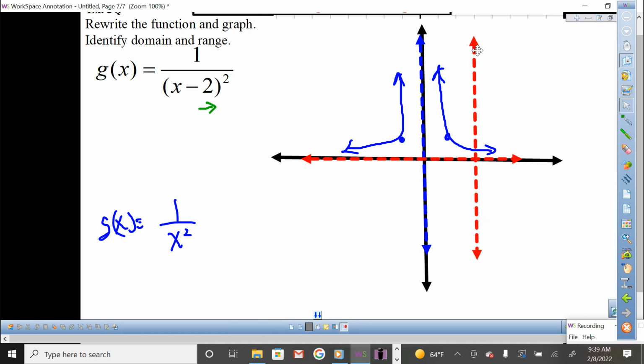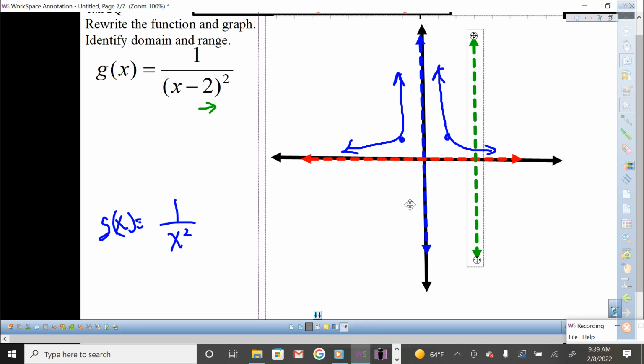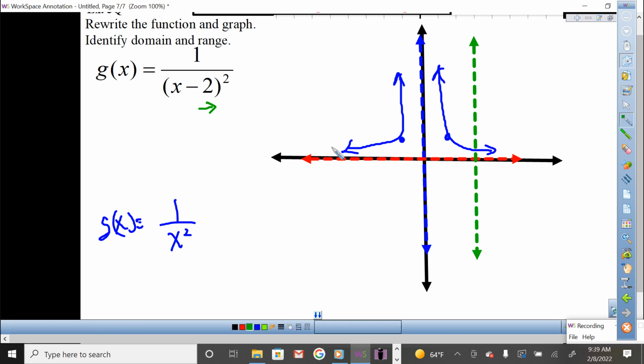So that means that my HA is y equals 2, which is this one. And my VA, it's still x equals 0, which is over here. Yes? Okay.